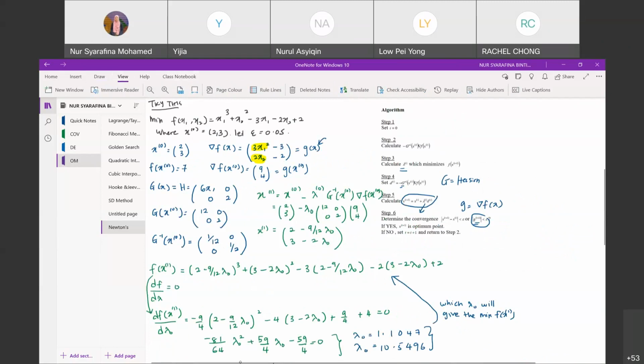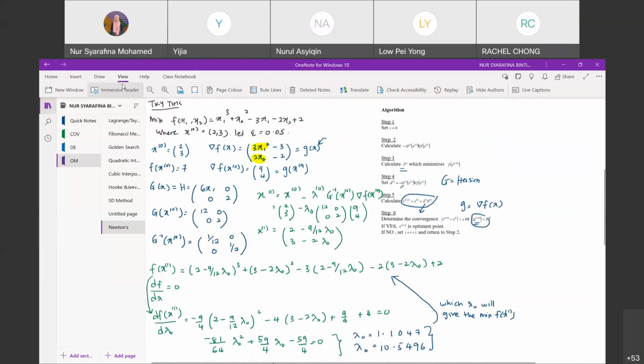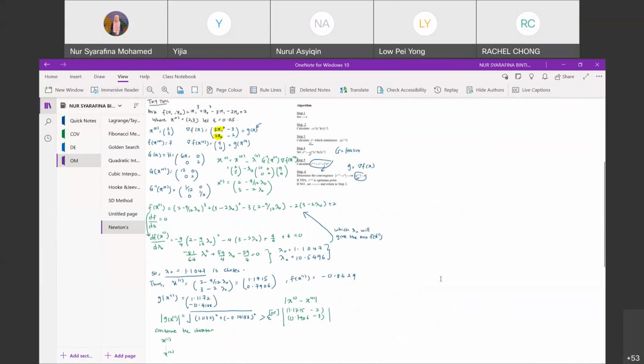So this is iteration 1. I hope you can try finding the next iteration. Is it too small? Can you see it? Anyone has question? Anyone has problem?